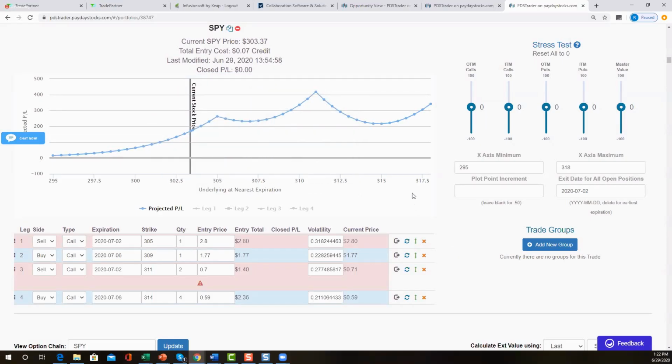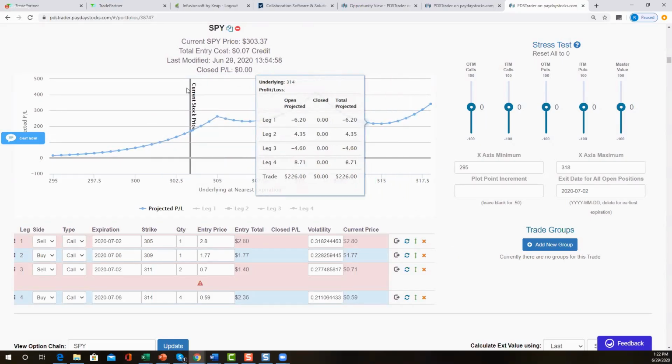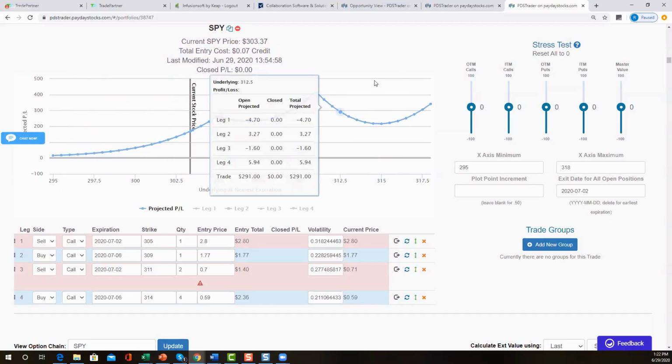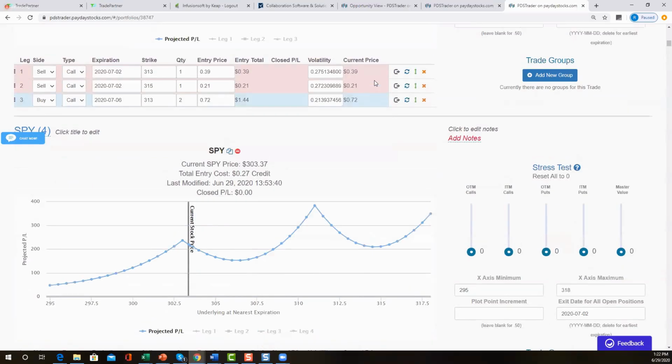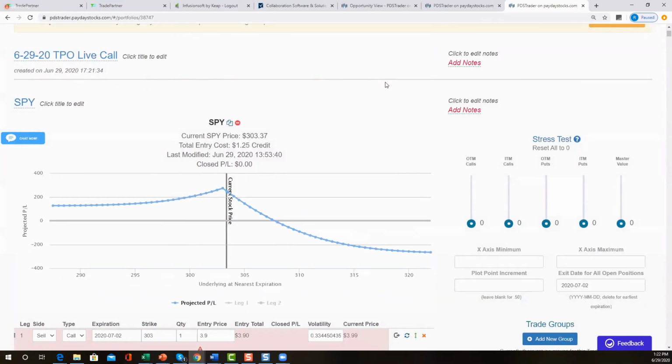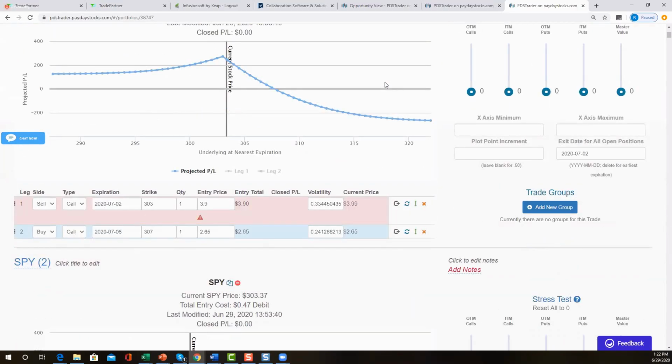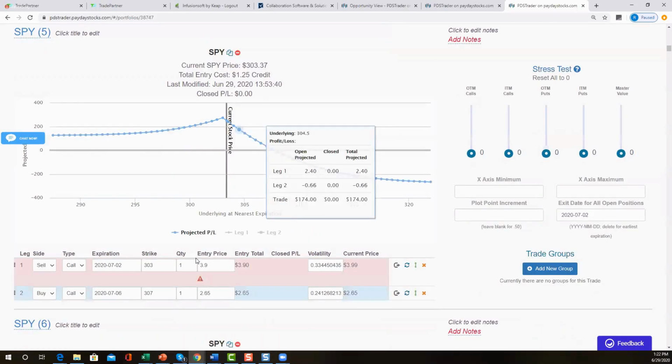Okay, so here's what the individual legs look like. Here's the first one. Actually, this is a 303. Let me see if I have the 304 here. No, so I'll just make this a 304.